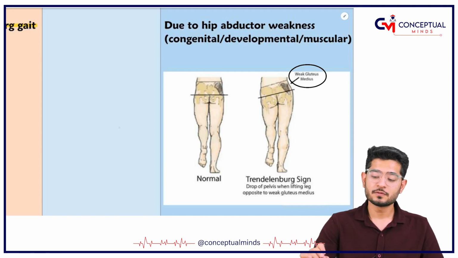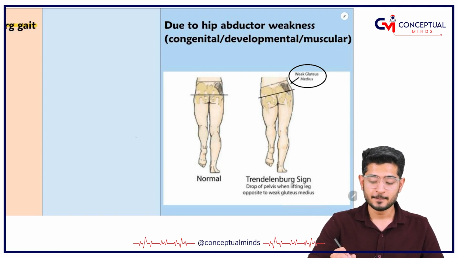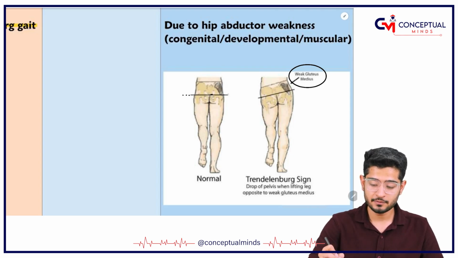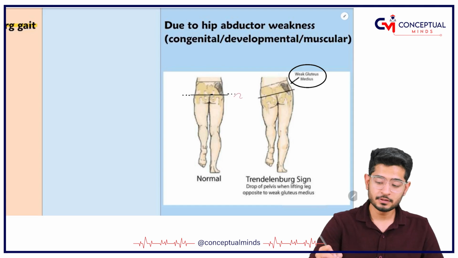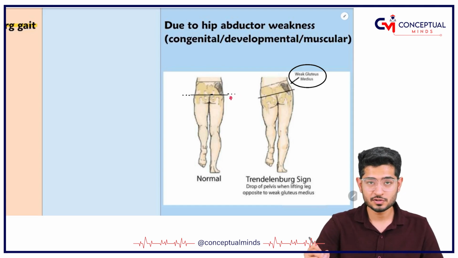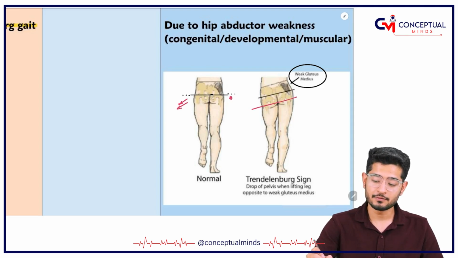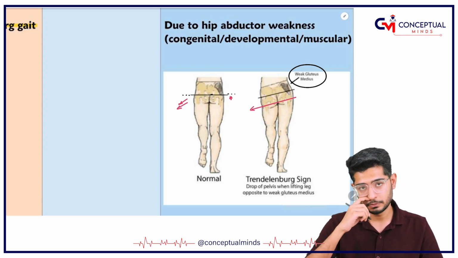The normal function of the gluteus muscles on both sides, for example, if both gluteus muscles are working, then the patient will have this line. If this side gluteus is not strong, the other side gluteus is going to pull the weight, and the patient will have a gait like this.